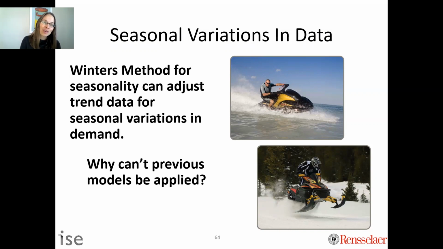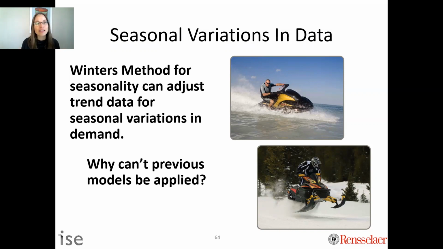If you use the previous models, it would interpret the seasonal rises, what happened in November and December, as permanent. And so it would then overshoot our demand estimate in January, when January is maybe our slowest month.